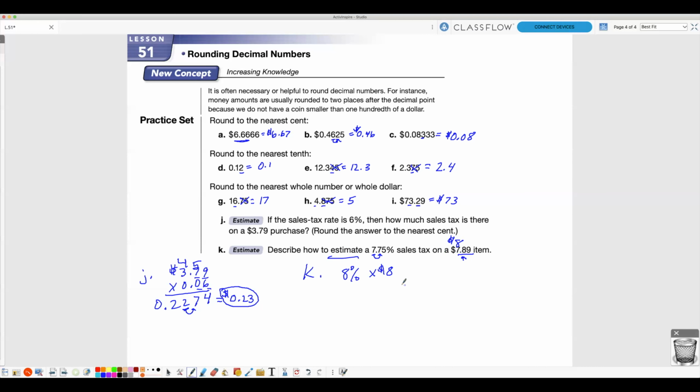And if I was to look at that, I can recognize that $8 times 8%, which is this as a decimal, that'd be 64, and that'd be 64 cents. So the estimate on this would actually end up being 64 cents as far as an estimate on the sales tax is concerned. So that's if I'm rounding to the nearest whole, which I probably would want to do.